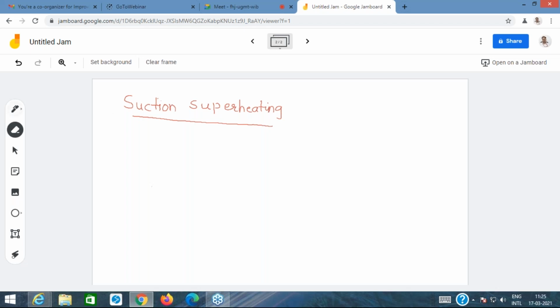So let me represent this suction superheating. Let us say this is vertical and this is horizontal. Let me draw the vapor dome now.